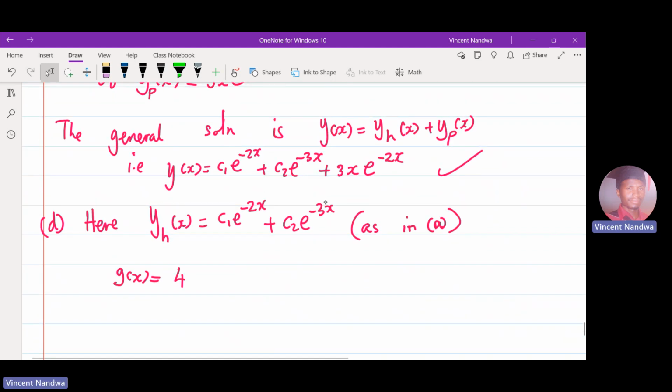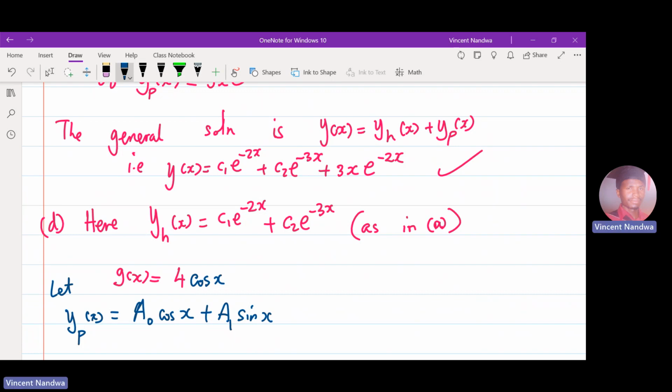So g of x in this case is 4 cos x. Which means that the correct YP is a naught cosine of x plus a1 sine of x.